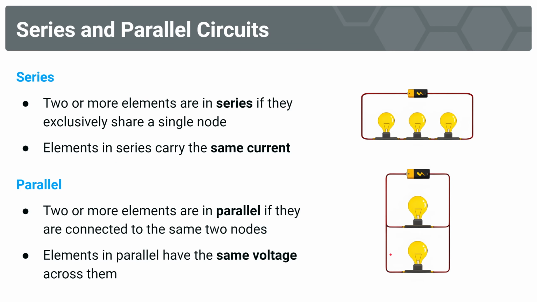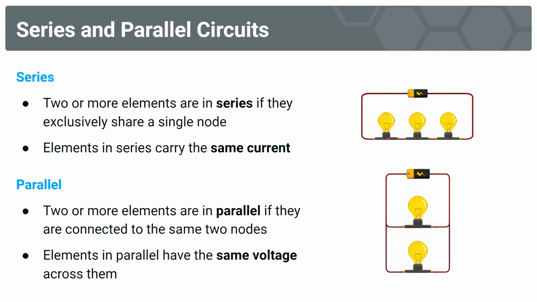Building off of these concepts of loops and nodes and branches, we have series and parallel circuits. Let's start with series. 2 or more circuit elements are in series if they exclusively share a single node. So take this circuit, for example.